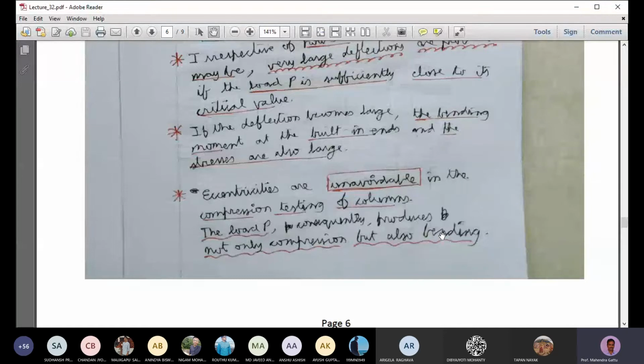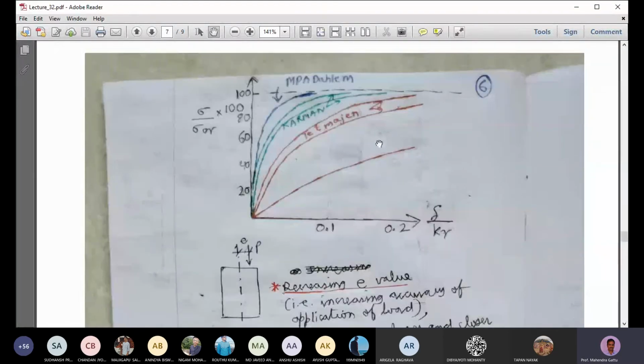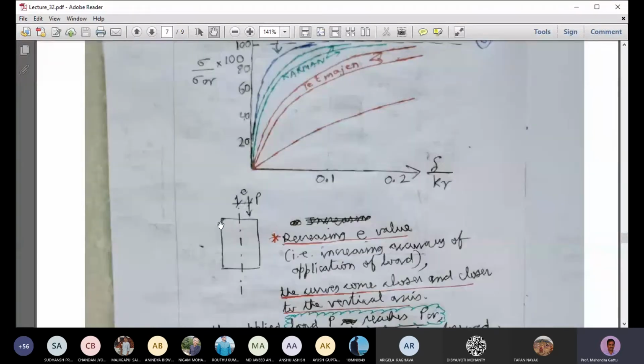Okay, so if you look at the experiments which were done by some scientists, so there is Tetmajer, this is Von Karman, and this is Dalam. So these people have done some testing on columns. So this is a column of length L, and they subjected it to some axial load, and the eccentricity is e. The center line, the axis of the column, is this dash-dot line, and there is some eccentricity e.